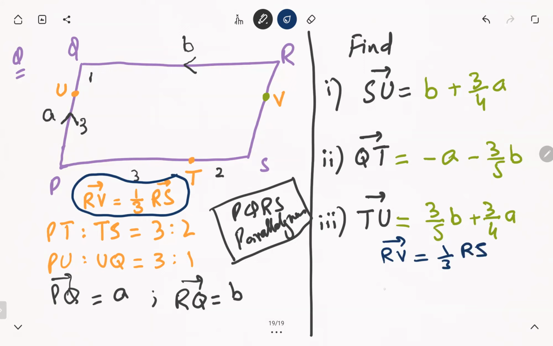If I shift RS on the other side, तो RV over RS is 1:3. So RV और RS में जो रेशियो है वो 1:3 है. मीन अगर RV 1 हो तो RS would be 3, full 3 होगा. तो VS क्या होगा फिर? वो 2 होगा ना फिर.